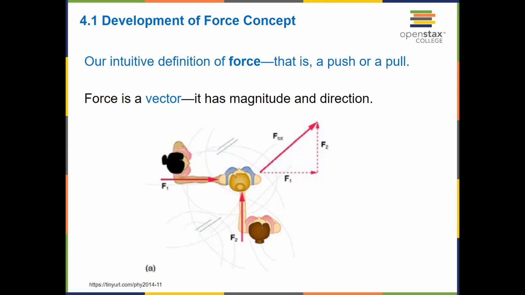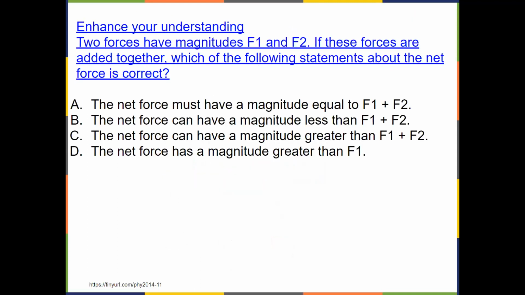So with that, let's take a look. If you have two forces, their magnitudes are F1 and F2. Which of the following statements about the net force, or the resultant force, is correct?